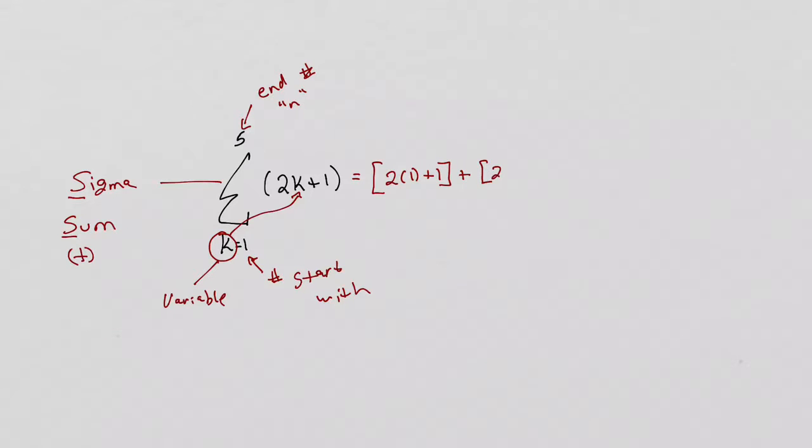So we do 2 times 2 plus 1, plus, 2's done, so we go to 3. 2 times 3 plus 1. Next is 4. 2 times 4 plus 1. And last but not least is 5, because we finish with 5, the number on our top. It becomes 2 times 5 plus 1.